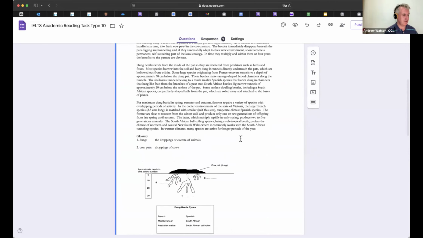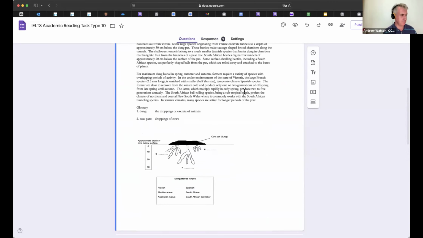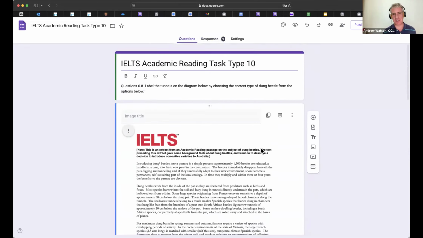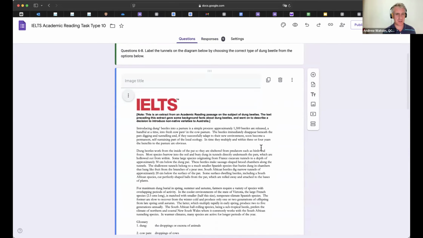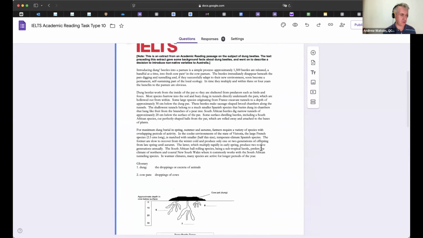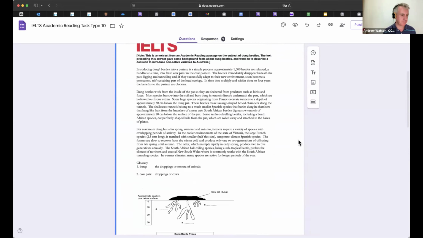Now, although we're not expected to interpret that data, if you were to do this lesson, preparing students for task 10, what could you do as a follow-up? Maybe some productive skills, right?